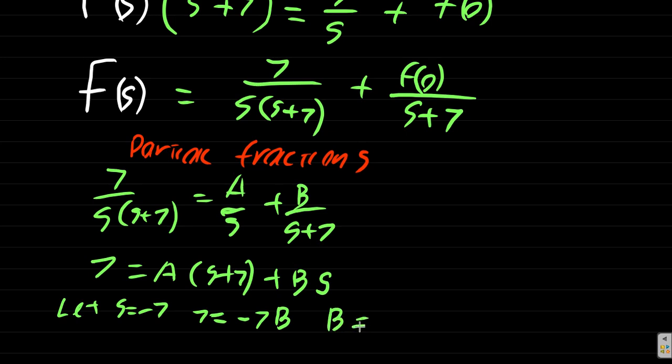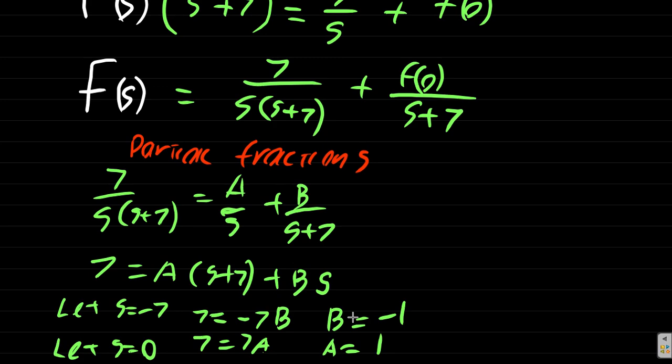So b would be 7 over negative 7, which is negative 1. Let s equal 0. What would we have? 7 equals 0 plus 7 is 7, 7a plus 0. 0 times b would be 0. So a is equal to 1.